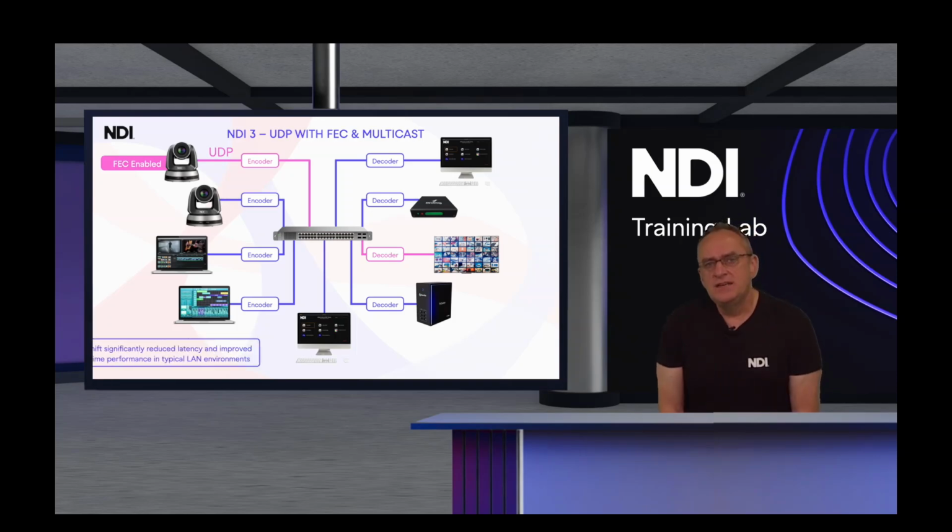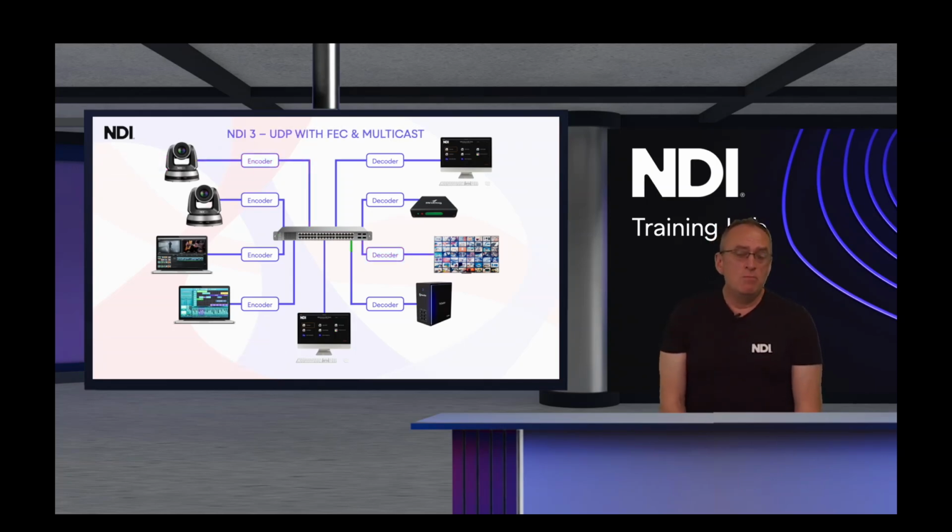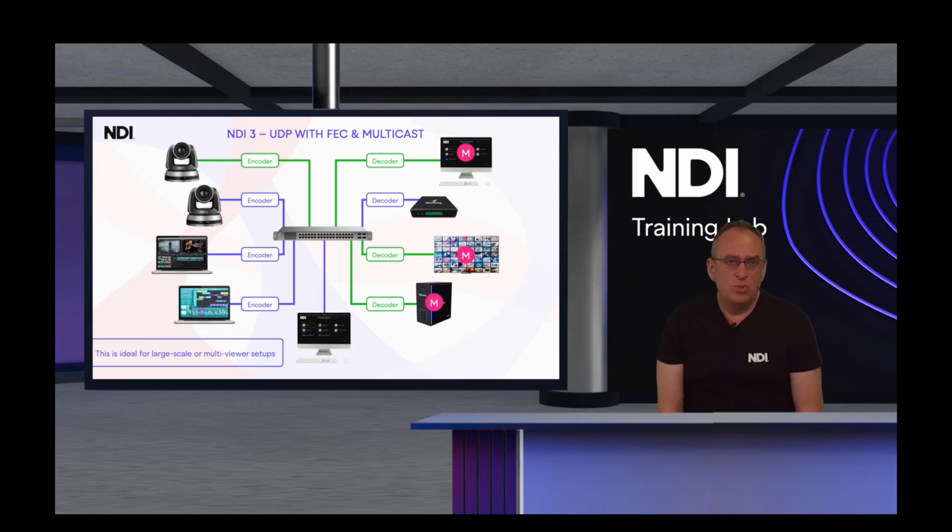This shift significantly reduced latency and improved real-time performance in typical LAN environments. Importantly, multicast support was introduced, allowing a single NDI stream to be distributed efficiently to multiple receivers without duplicating traffic, which is ideal for large-scale or multi-viewer setups.